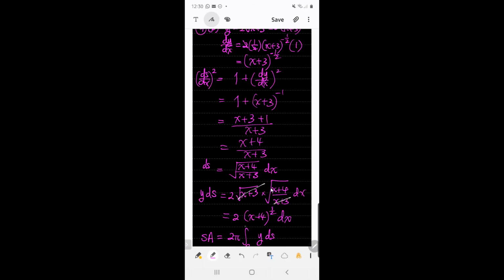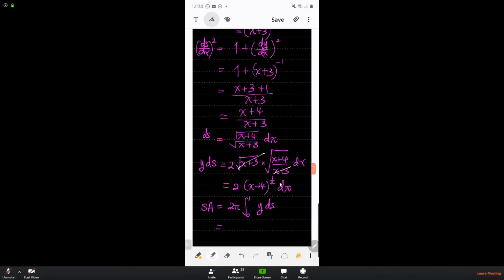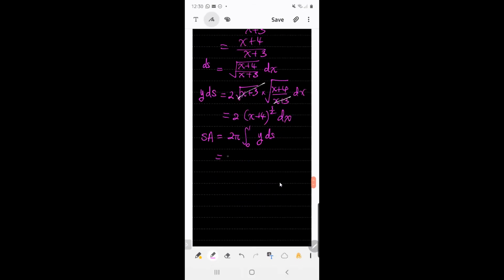So you integrate from 0 to 1, and you have 2 pi. Keep the 2 pi, then you put in the y ds there, so you get 4 pi here, because the 2 multiplied by the 2. Then you integrate (x plus 4) to the power of half dx.